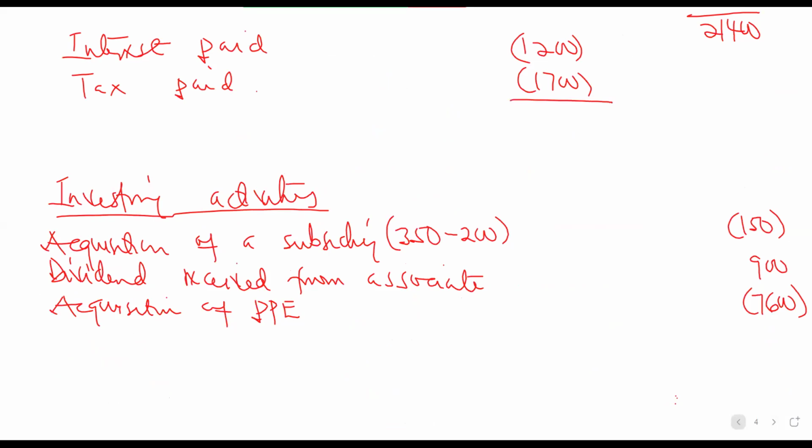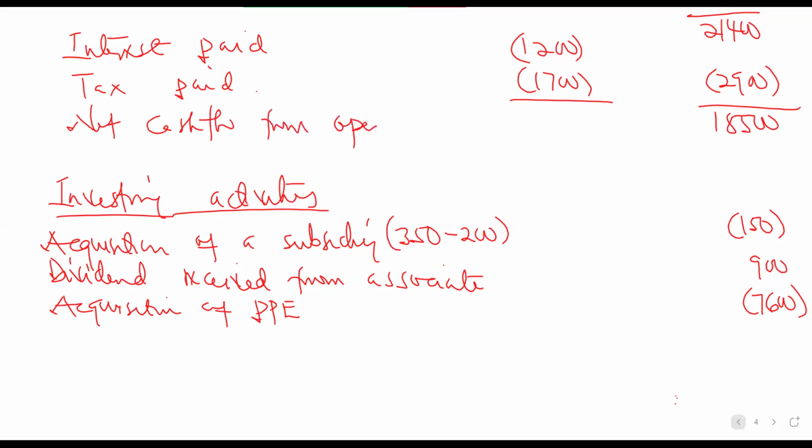So what will be our 1,200 plus 1,700? I'm having an outflow of 2,900. What will be the balance? I'm having 18,500. So we have the net cash flow from operating activities.